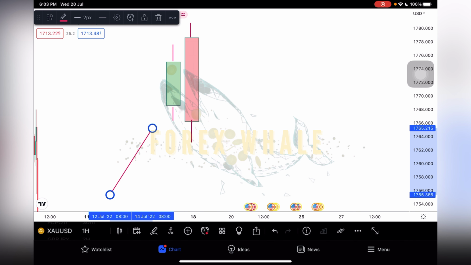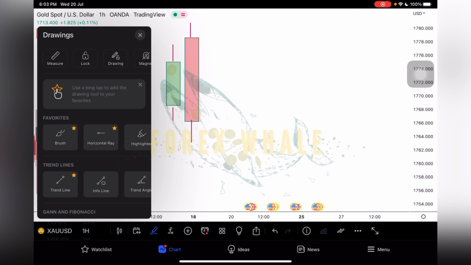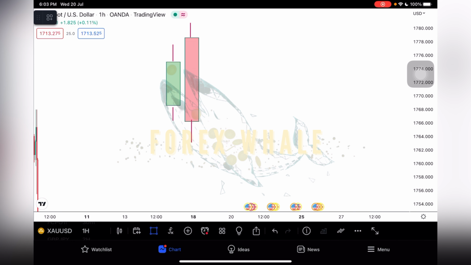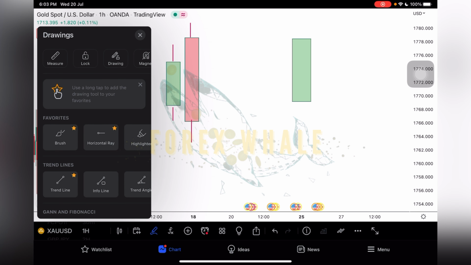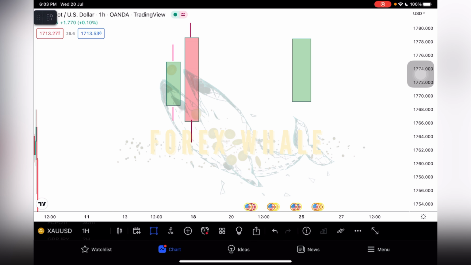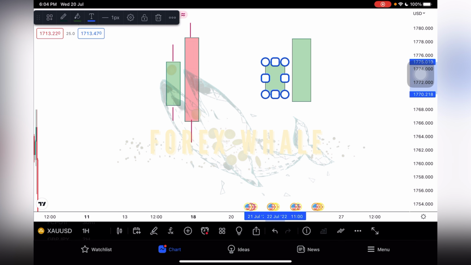That is the characteristic of an engulfing. I'll draw another one, same concept. This is a bullish engulfing.